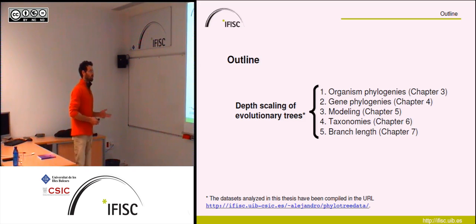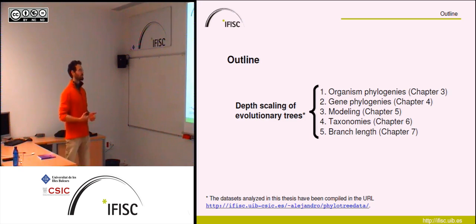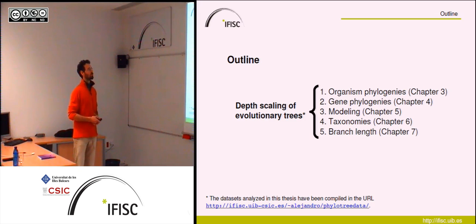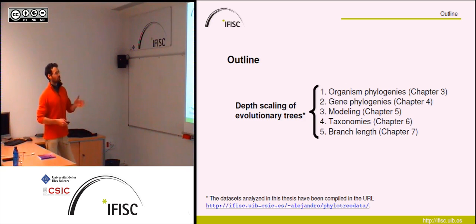In section 3, we propose a model that could help us understand which biological mechanisms reproduce the patterns observed in organism and gene phylogenetic trees. This was presented in chapter 3 of the thesis.